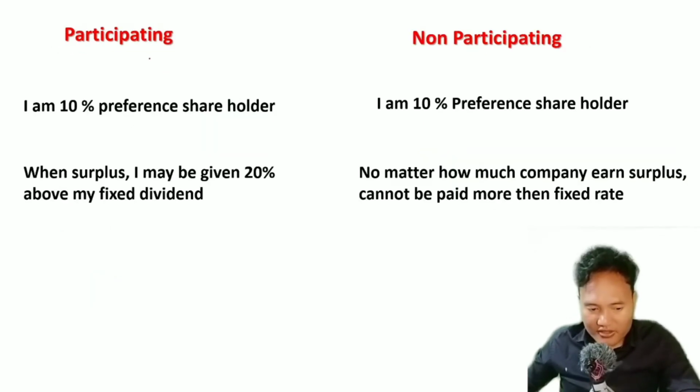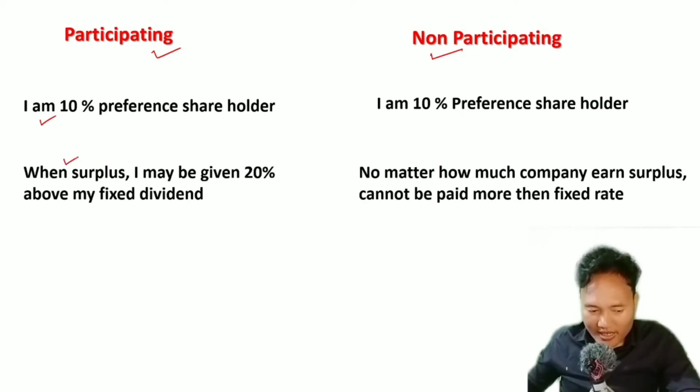The next preference shares are participating and non-participating. When we talk about participating preference shareholders, it means suppose the preference shares have a 10% dividend on the amount of money that they have invested.